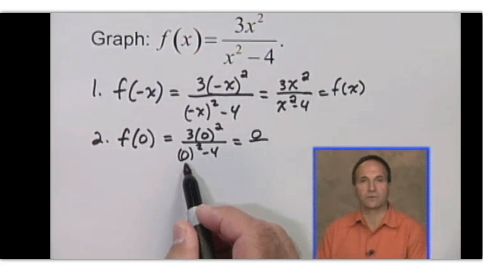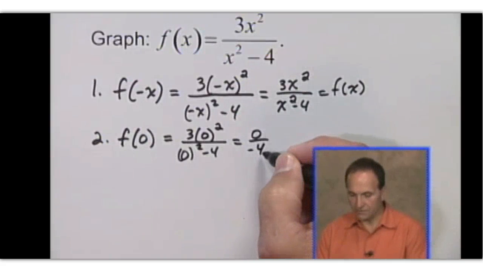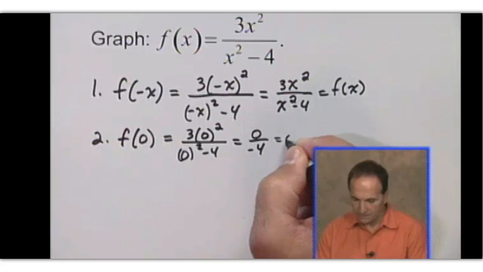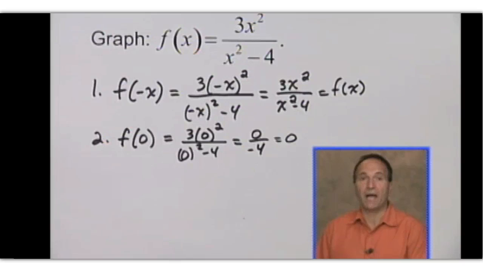In the denominator, 0 squared is 0 minus 4 gives negative 4. But now 0 divided by negative 4 is equal to 0. And so the y-intercept is 0. So the graph passes through the origin. Okay, so that is a good point, something we've used before when we want to find the y-intercept. When x is 0, our value for y will be 0.